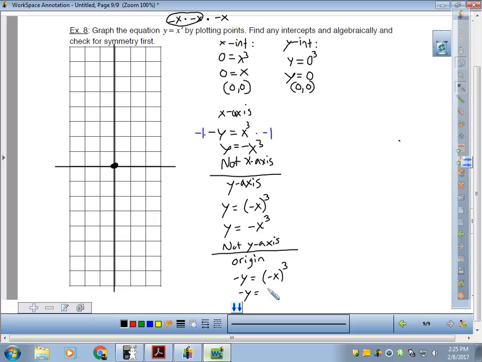We know negative x cubed gives us a negative x cubed. The next thing I'm going to do is get rid of the negative in front of the y by multiplying both sides by negative 1. Negative 1 times negative y is positive y. Negative x cubed times negative 1 gives us positive x cubed. Is this what we started with? Yeah, these two are the same. y equals x cubed, y equals x cubed. So we know that it does have origin symmetry.